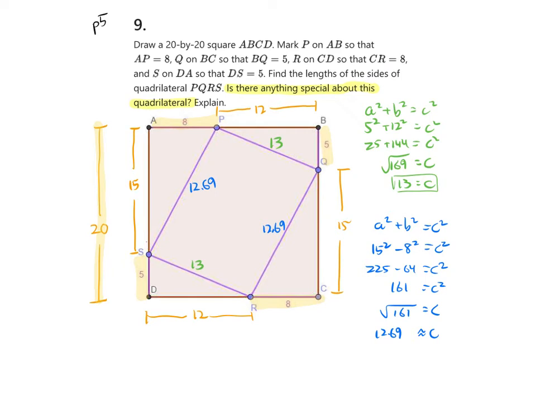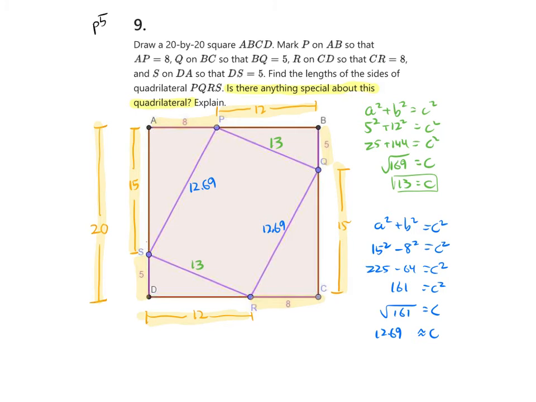Because now, since the whole thing is 20, this section from A to S must be 15, so they add up to 20. The 12 and the 8 add up to 20. This is another 15, and there's another 12.